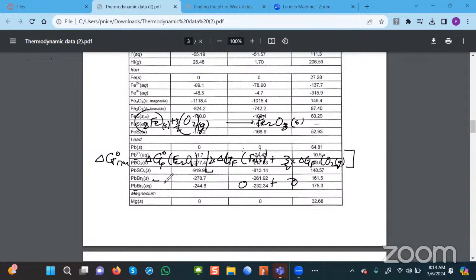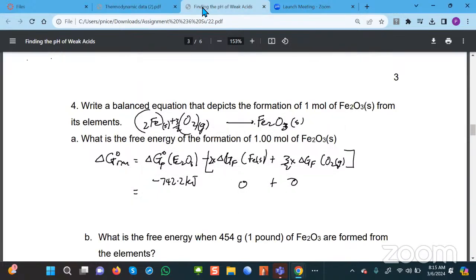So for the iron, it's minus 742.2 kilojoules, all right? So let me get back out of this.